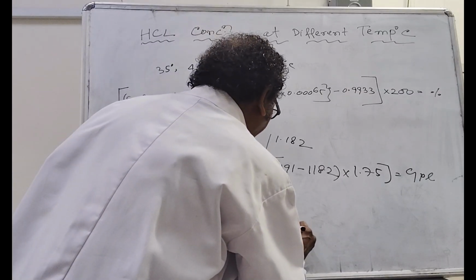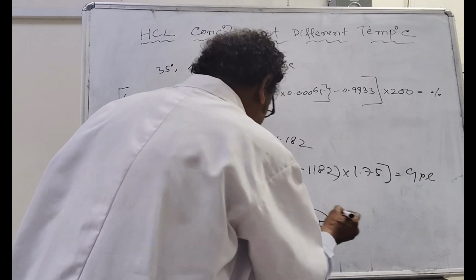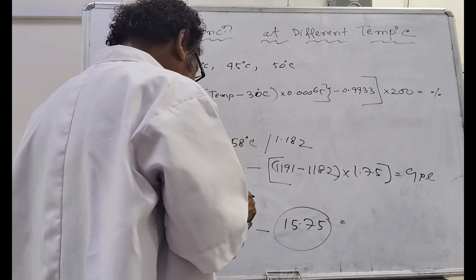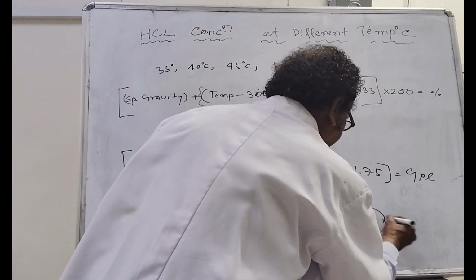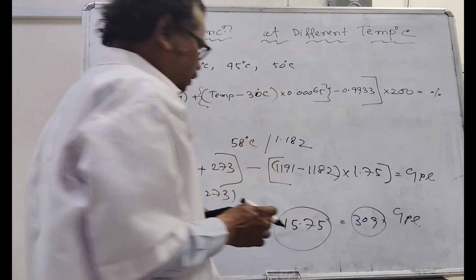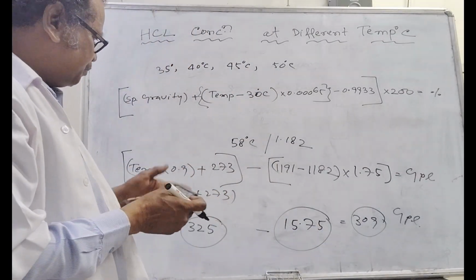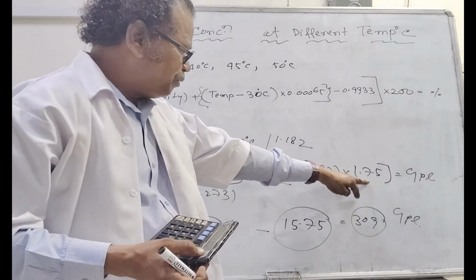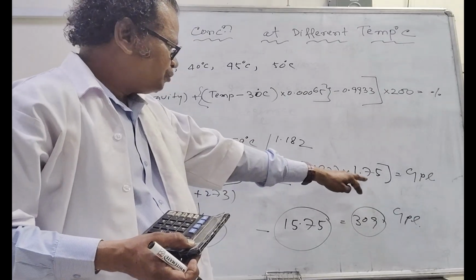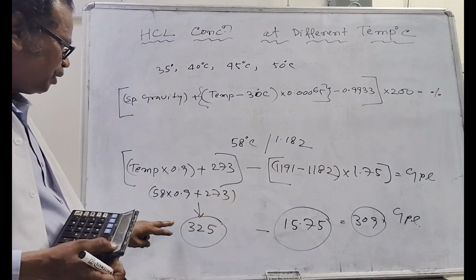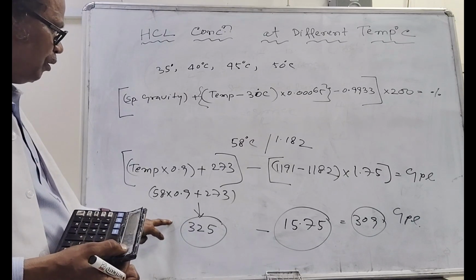It is 15.75. This value, minus 325, gives 309 as the GPL of the brine. You can find it without reference to the chart. This 1.75 is a constant. So it is a good formula for finding the GPL of the brine without reference.